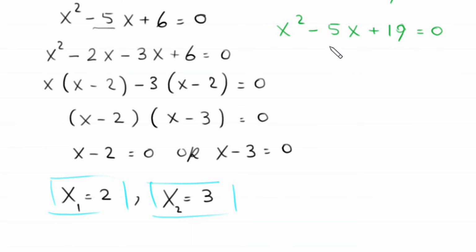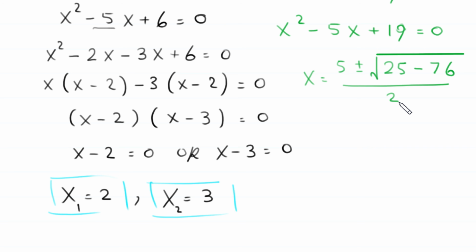Now this quadratic equation is not factorable. We solve it by quadratic formula. According to quadratic formula, x is equal to 5 plus minus the square root of negative 5 squared is 25, and negative 4 times 1 times 19, negative 76, divided by 2.